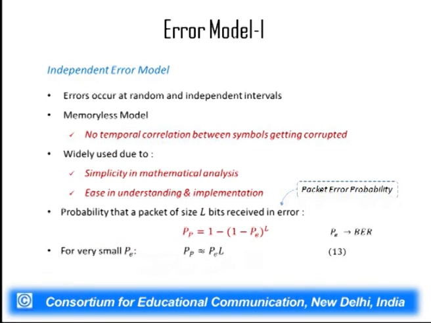And if you're talking about the error models here, since we know the different factors that affect it, the models that abide by these factors are the independent error model and the two-state Markov error model. The independent error model is a very predominant one because of its simplicity and ease of implementation and understanding.